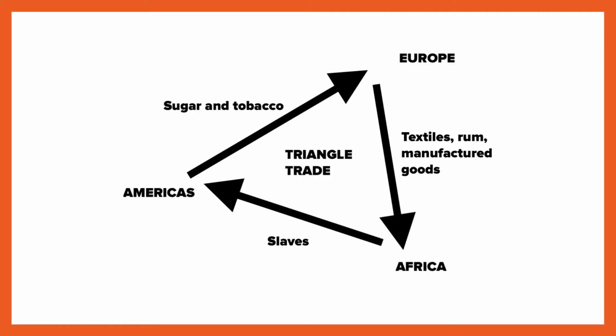This is going to result in the triangular trade, and we're going to talk about that when we get to colonization as well, because that's going to involve the southern plantations in the colonies, as well as the shipbuilding and the making of rum and so forth in the northern colonies. They're going to call this the triangular trade, and this is going to go on for over 100 years.